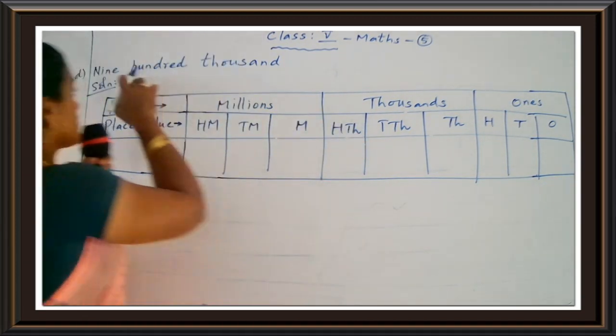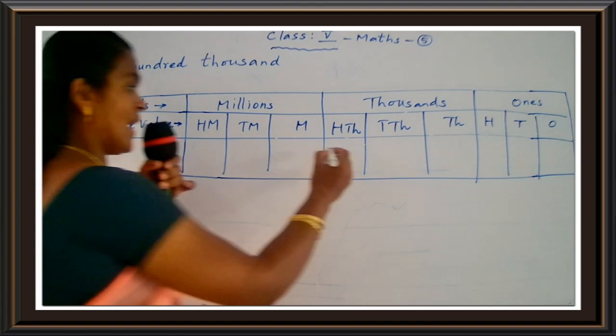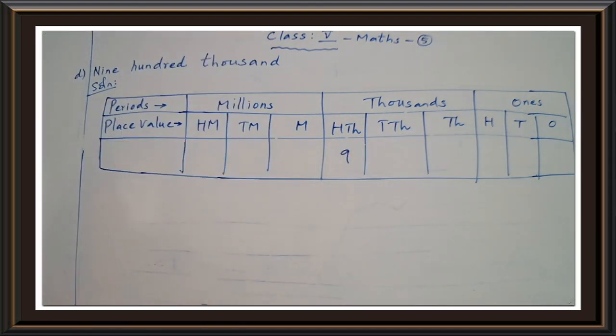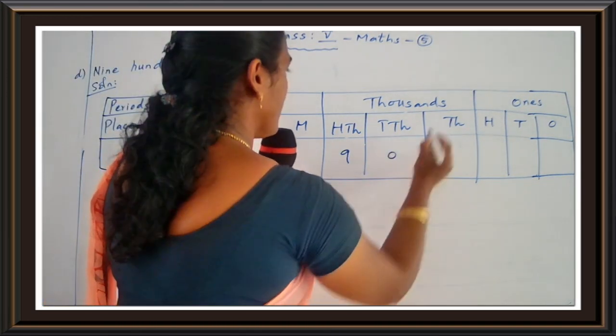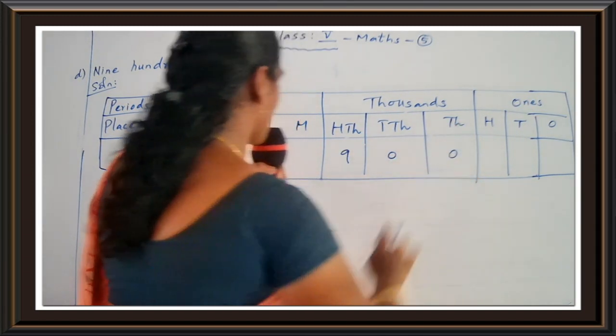Which number? 9. 900. So your answer is 900. So 900 means 10,000 is? 0. 10,000 is 0 and 1,000 is 0. So your answer is 900,000.